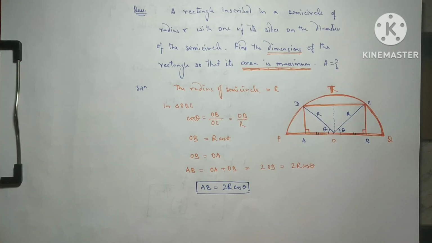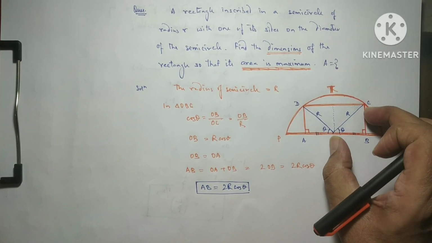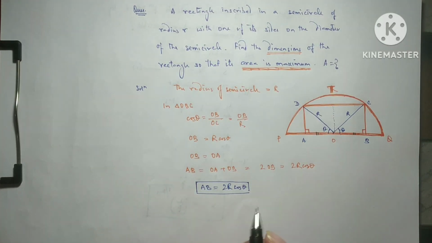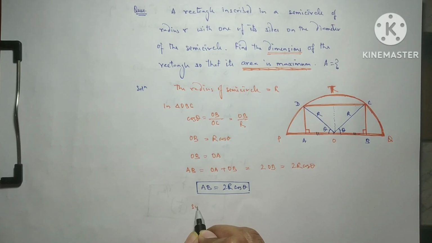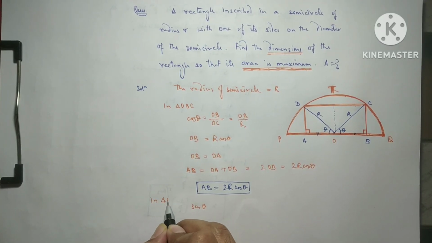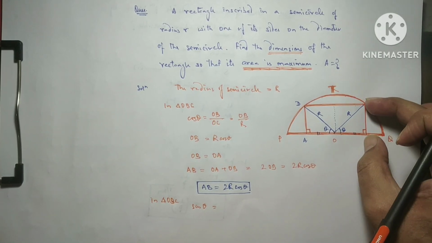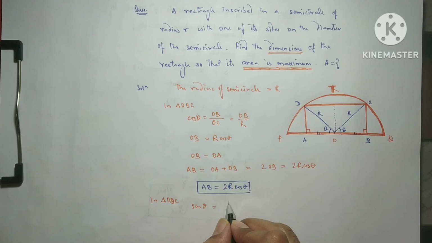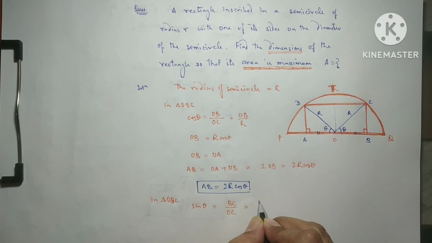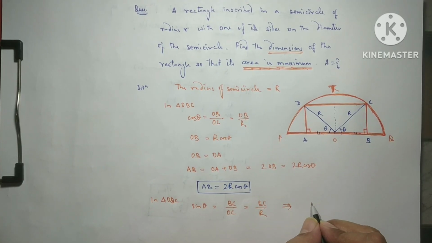Now we want the other side BC. So in triangle OBC again we will take sine theta. So sine theta is perpendicular over hypotenuse. So it is BC over OC, BC over R. So we get BC equals R sine theta.